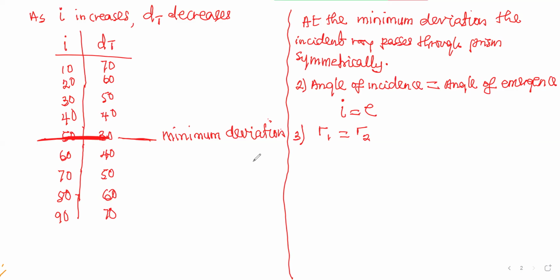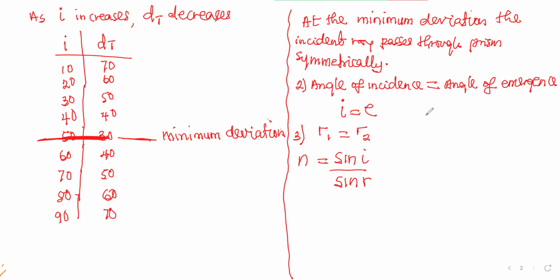Okay, so R1 is that. Then we can also use these conditions at the minimum deviation to find the refractive index. Refractive index is actually sine I over sine of R, either R1 or R2.